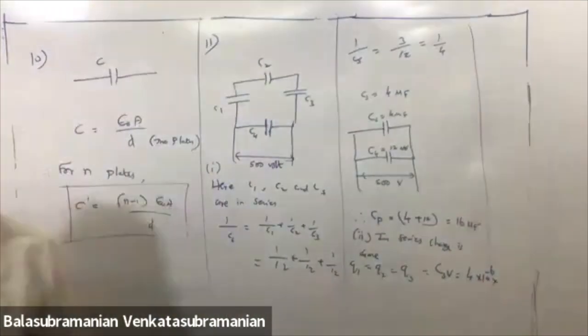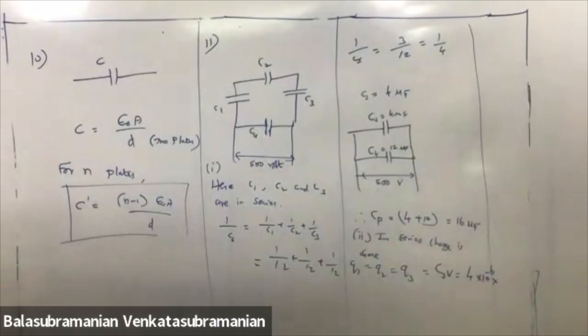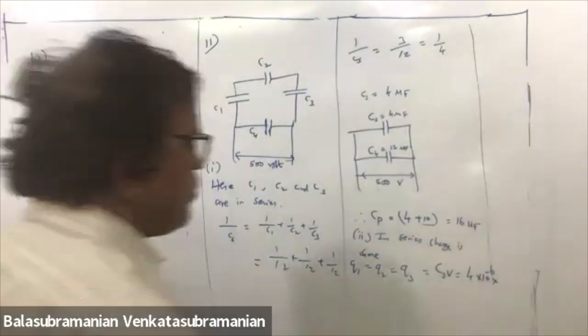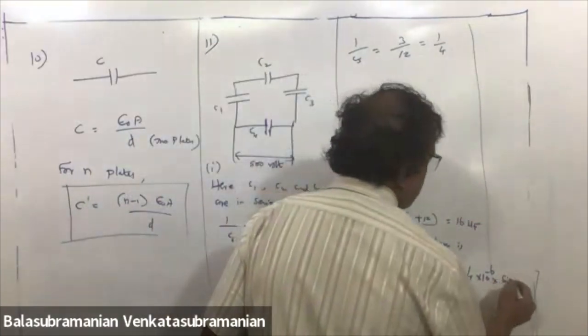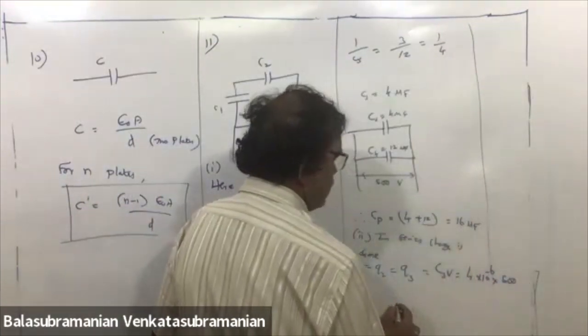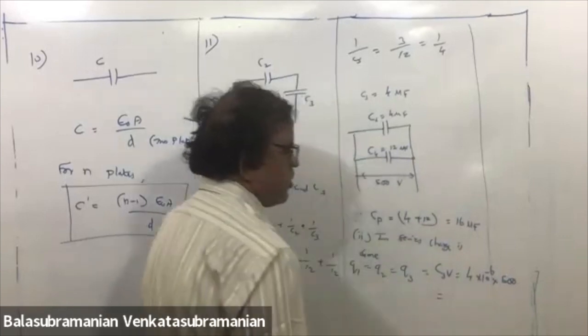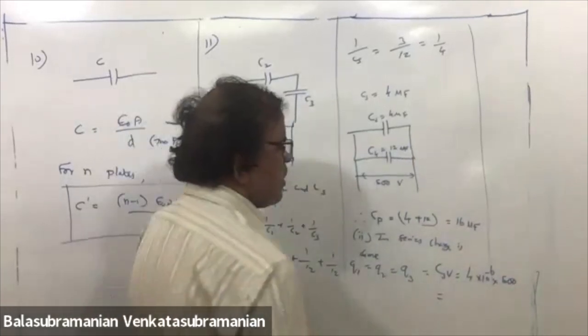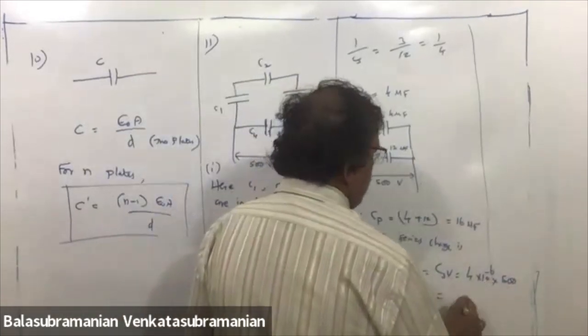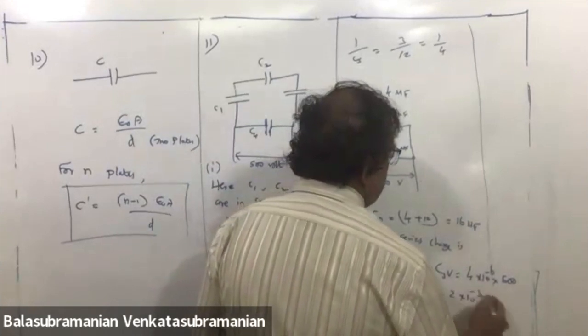What is the V value given? 500 volts. So Q is 2000 microcoulomb, 2 into 10 power minus 3 coulomb.